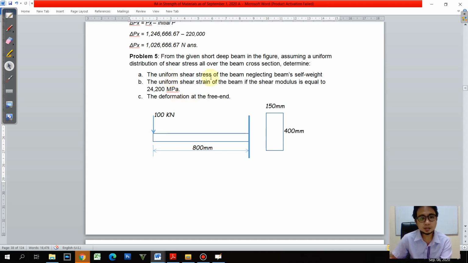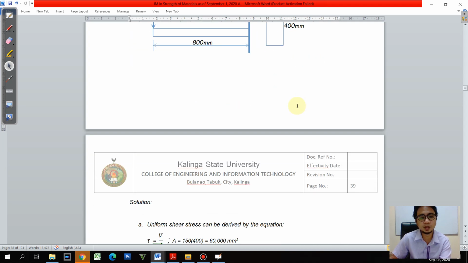Shear stress, neglecting the self-weight, the uniform shear strain of the beam if the shear modulus is 24,200 and the deformation at free end.